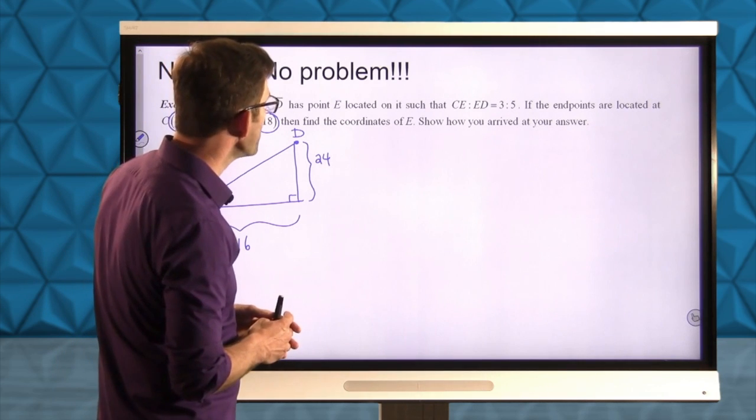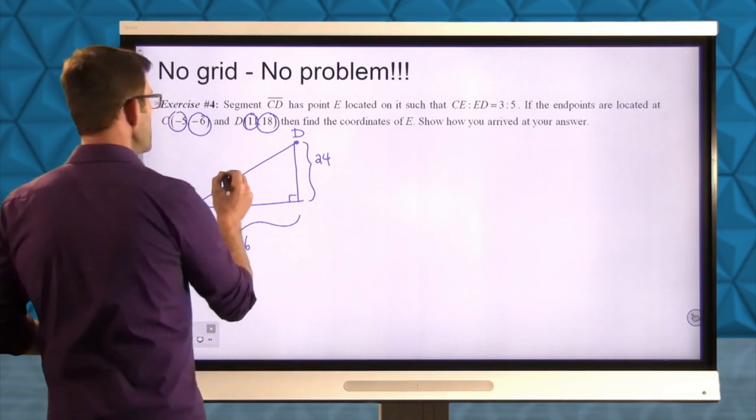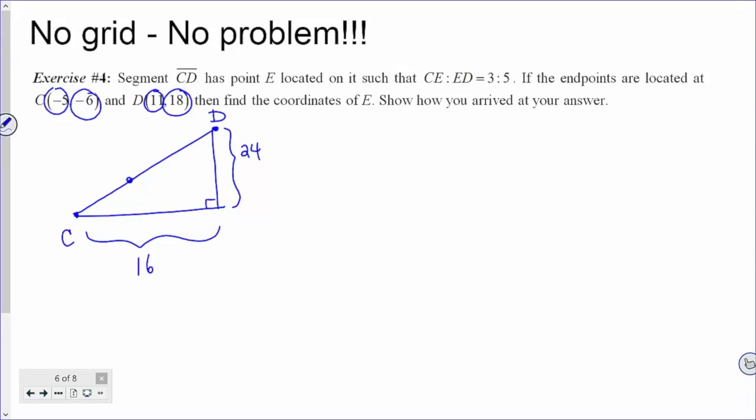Now where is E? E is located on here so that CE to ED is 3 to 5. So maybe I'll put an E right like that. And what I know is that will break this into 3x and 5x. And now I can do that little equation work I did before. 3x plus 5x is equal to 16. 8x is equal to 16.